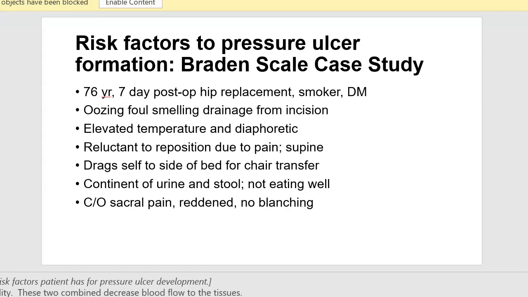He uses a walker, requires assistance. Mobility is a 2. He is reluctant to move, although he can do so independently. His nutrition score is a 2, and friction and shear score is 1. So he has a very high risk for pressure injury due to his score of 12.